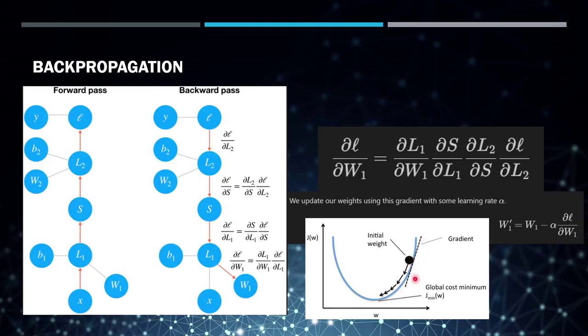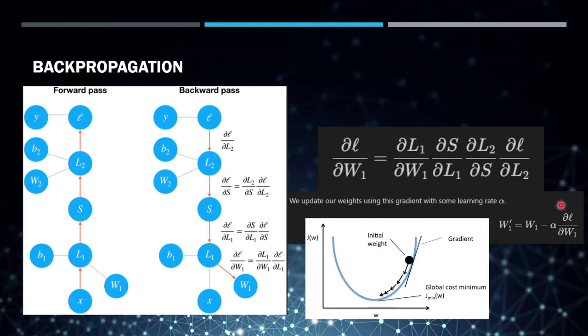Our slope here is positive, so the slope with respect to W1 is positive, and hence we need to move backwards. Similarly, the slope here would be negative, and we would need to move forwards. Therefore, this minus sign would always hold true. This I have already explained in gradient descent, which is also an optimization function if you see it that way.